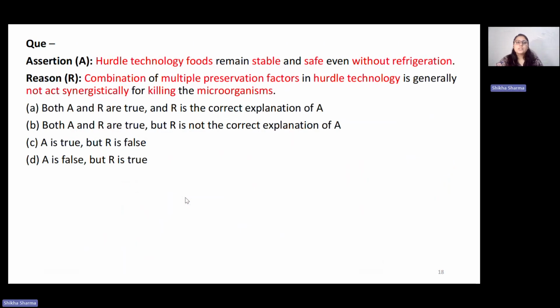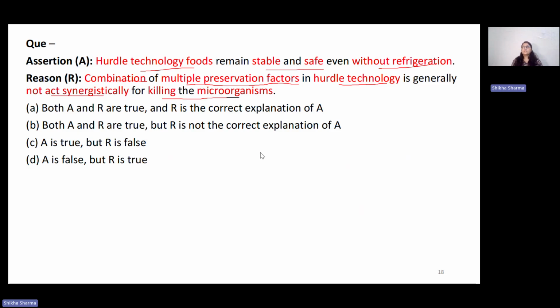Okay, so this is our next question. So the assertion here is saying that the food hurdle technology food, it remains safe and stable even without the refrigeration. And the reason is saying that combination of multiple preservation factors in hurdle technology is generally not act synergistically for killing the microorganism.